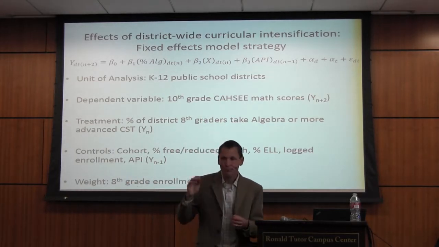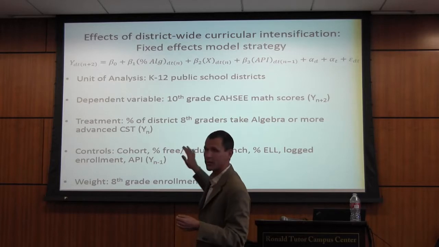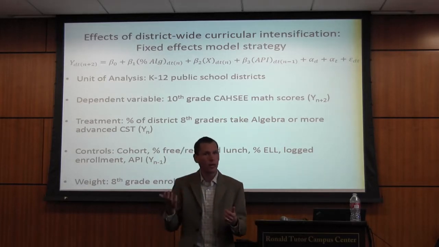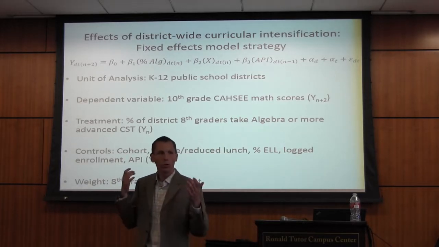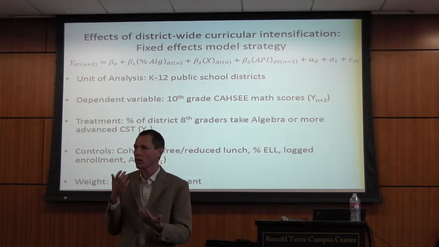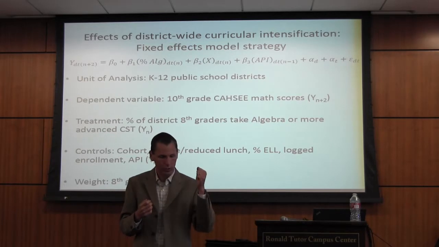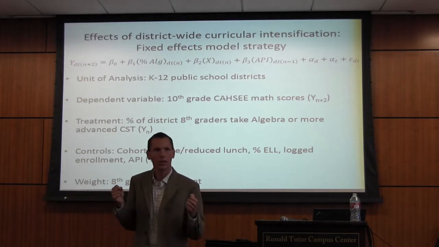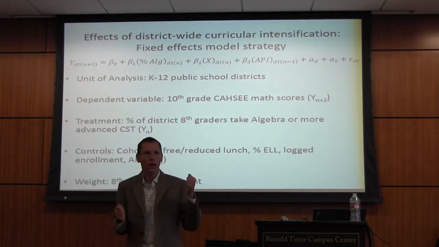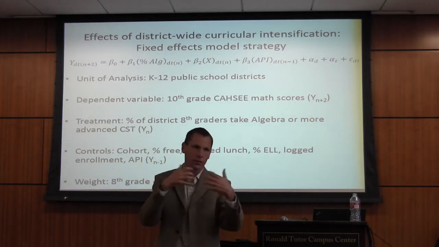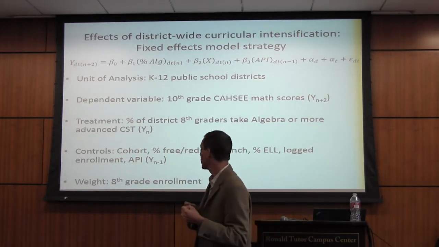So the intuition behind this model is, again, it's a panel model, very much like the model I gave you, where we've got districts that are observed repeatedly, right? Every district is observed between 2004 and 2010, so you've got 7 observations for every district. Some districts come in and out because they're merged and so on, but basically you've got 7 observations for every district.